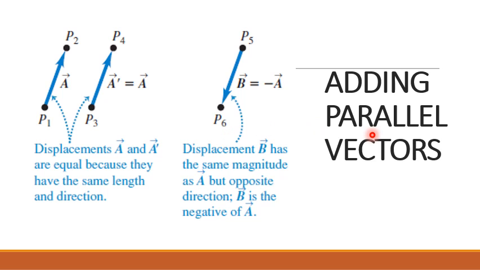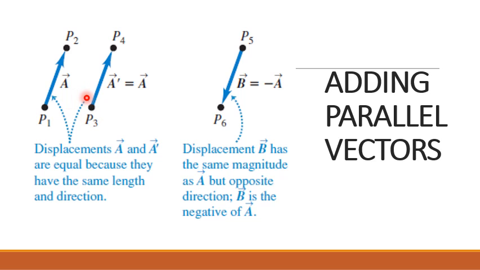So how do we add parallel vectors? To add them, we have to know what parallel vectors are. Parallel vectors are vectors that have the same direction. Equal vectors are vectors that have the same magnitude and direction, while negative vectors are vectors that have opposite direction. So let's say for this example, p sub 1 to p sub 2 and p sub 3 to p sub 4, both of them are heading towards the same direction, therefore they are parallel.